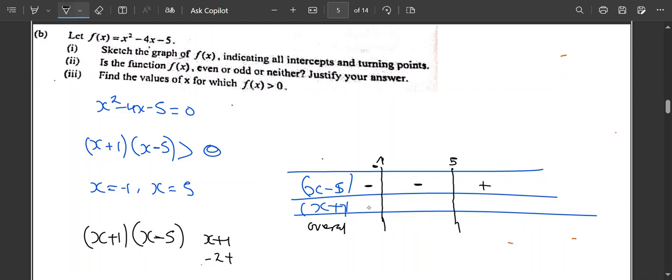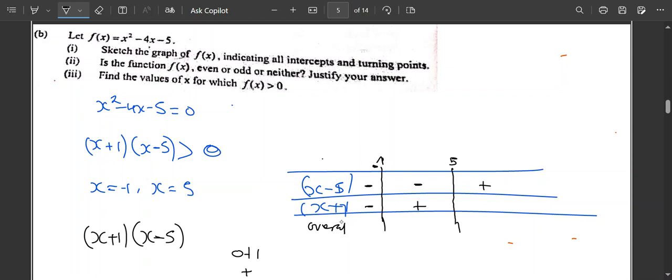Again, if I put another number which is greater than -1, I can test 0 as well. I like 0 because it's the one between here, which will separate the 5 and the -1. So that will be 0 plus 1, so the overall sign will be positive there.